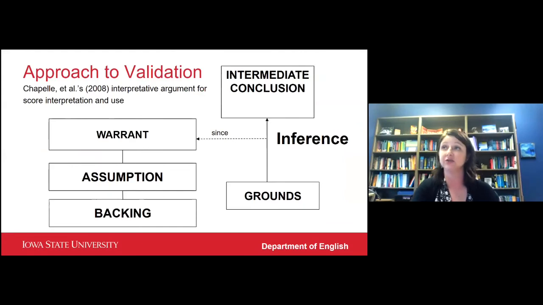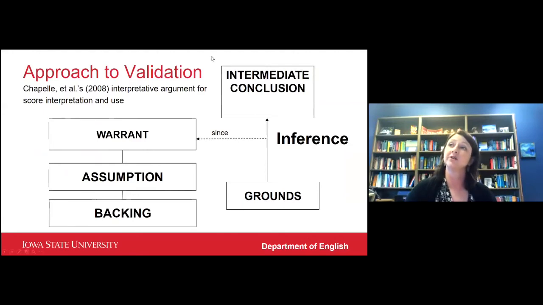I won't go into this slide very much, but I put it in here for posterity's sake. And this is the idea of how we're looking at validation. So we're using Chapelle et al.'s 2008 interpretive argument for the interpretation and use of assessment scores.